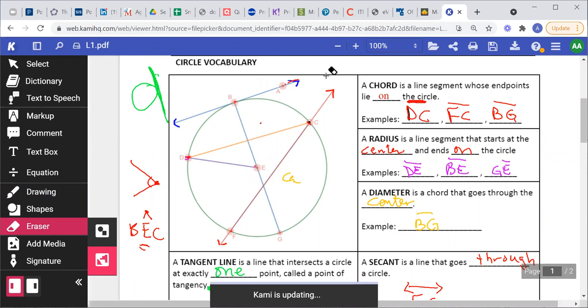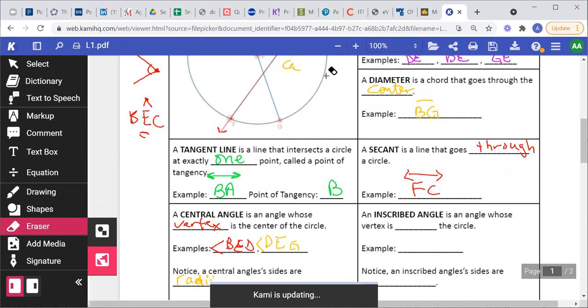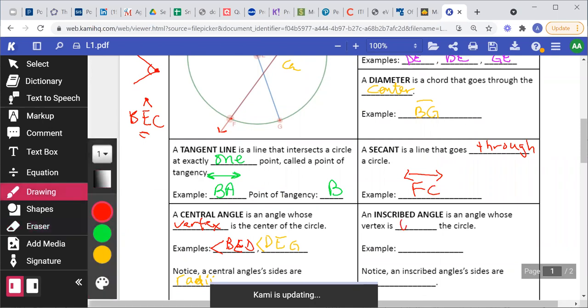Then the next thing is to talk about inscribed angles. An inscribed angle is an angle whose vertex is on the circle. So I'm going to show that to you.